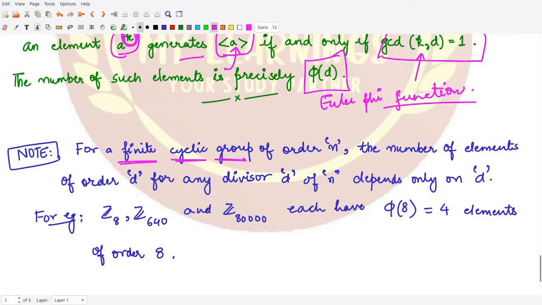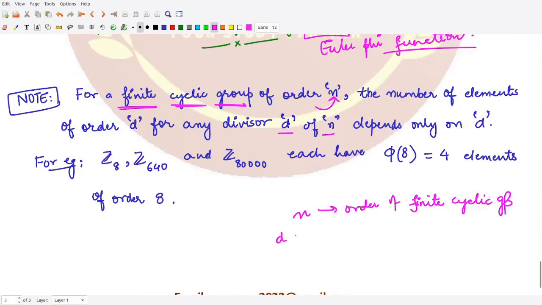Whenever we have a finite cyclic group where the order of the group is n, then the number of elements having order d, for any divisor d of n, depends only on d.